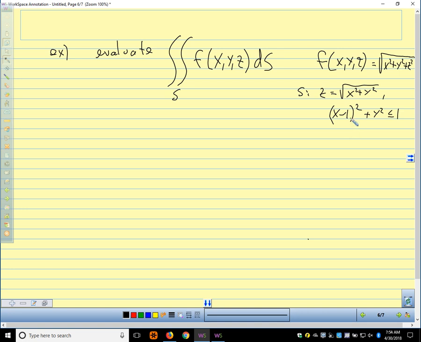We're interested in the portion of the surface above that circle in the xy plane, or you could think of it as the portion of the surface inside this cylinder, where this is the description of the cylinder. So this gives us our surface. This gives us the region in the xy plane.